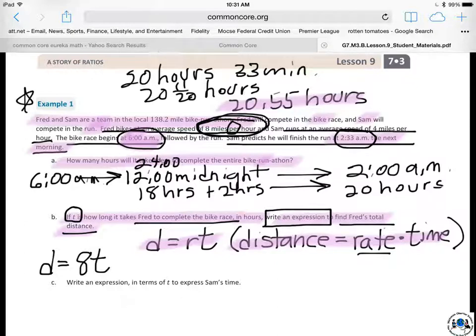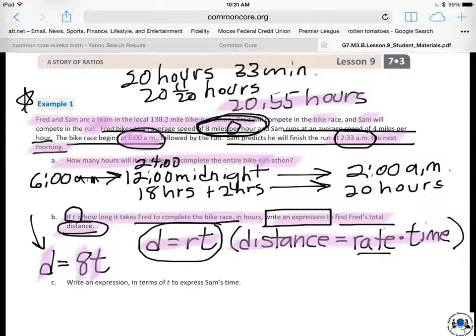The expression we would need uses distance, because we don't have a number for distance; that's what we're trying to solve for. That's why we put D on the left side of the equation. D equals 8t, because of the distance formula: distance equals rate times time.